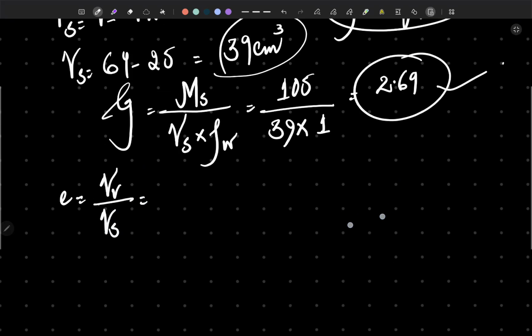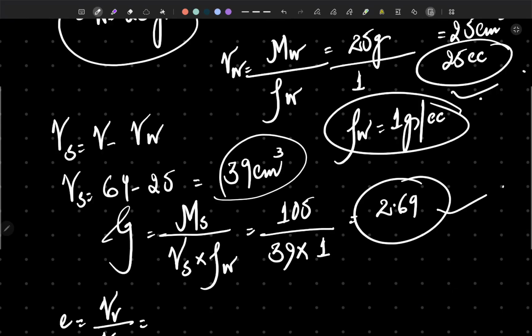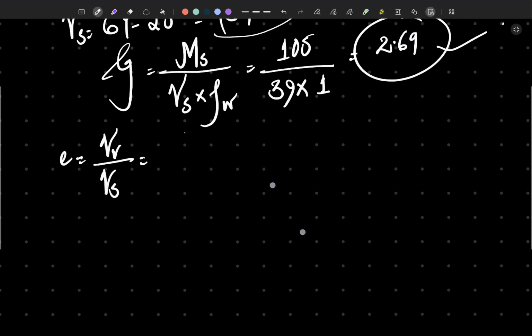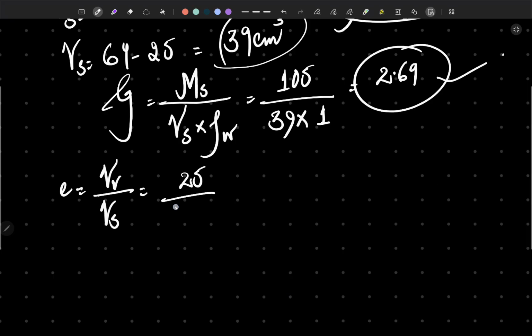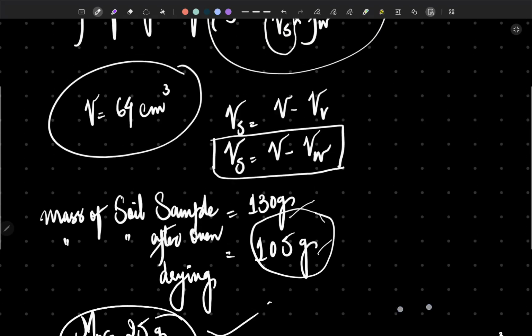Volume of voids in this case is the volume of water, since the soil is in the fully saturated condition, so it's 25 cc. Volume of soil solids is how much? 39. By calculations, void ratio is equal to 0.641. Alright, part number 2 is done as well.